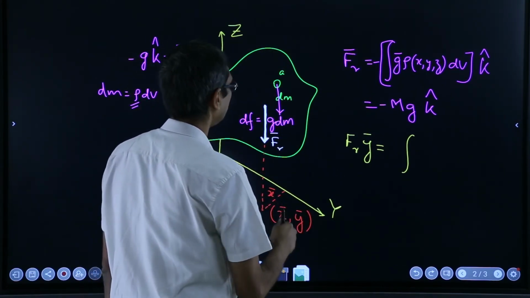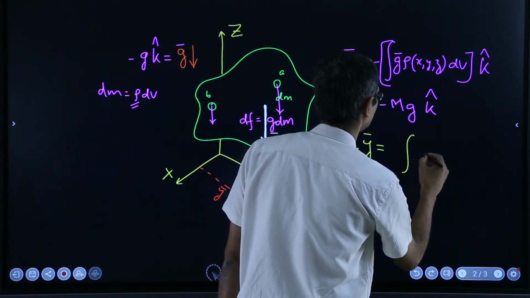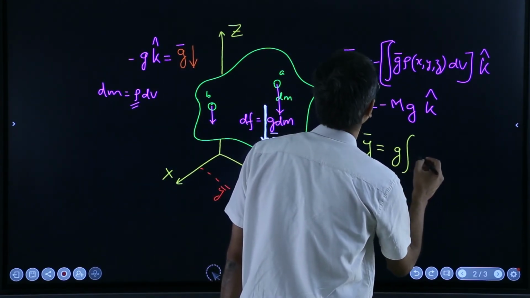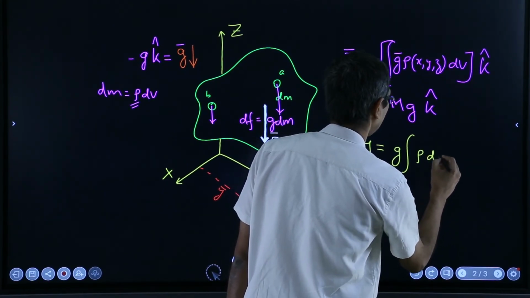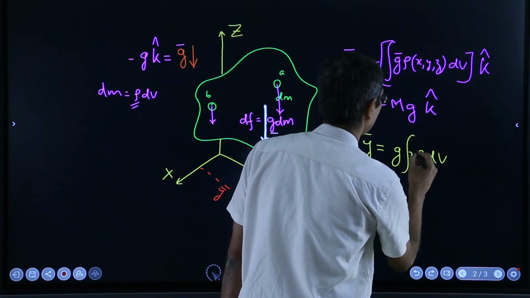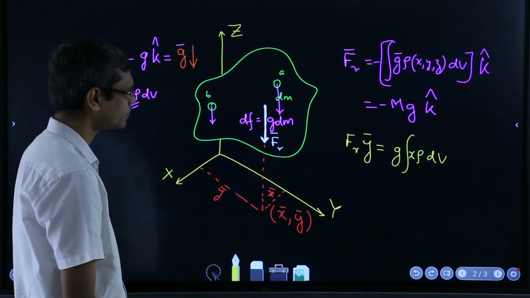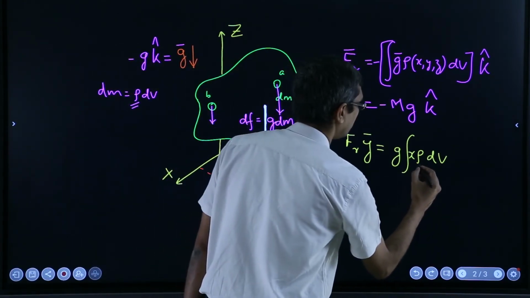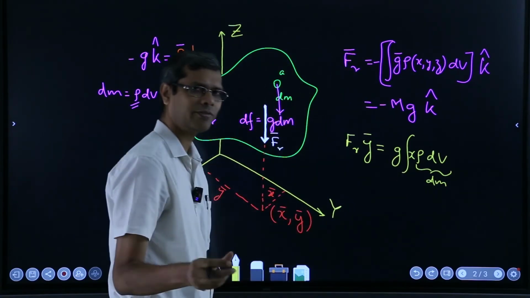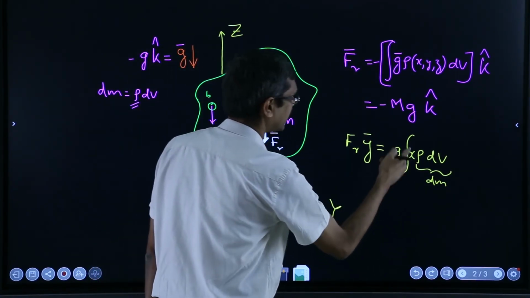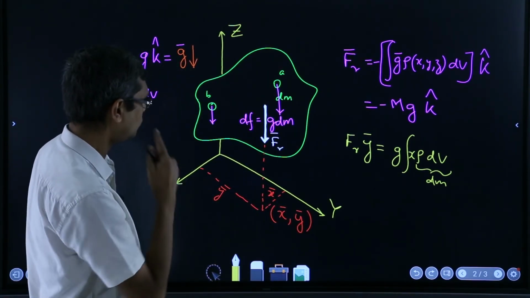All the forces which would have, so g will be always there, times rho dv, but then there will be an x at every location, right. So, that is the small mass dm. So, dm times g is df, but it is acting at a given x because rho is a function of x, y, z.